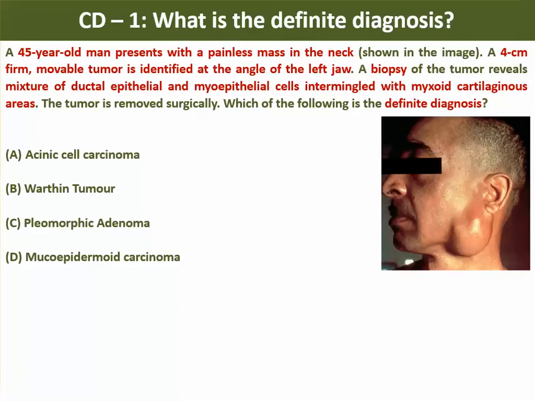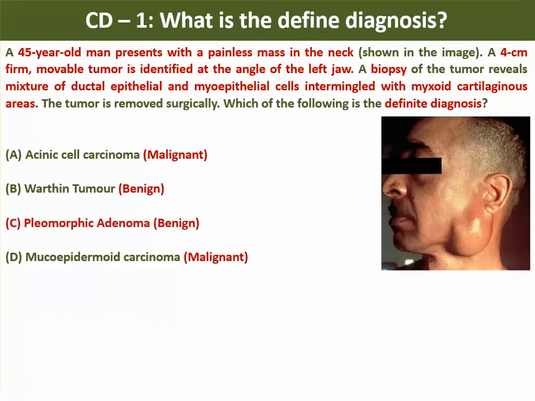So in those 4 choices, how you should think is, see, the first one is a malignant tumor, no need of thinking there. Then the second is the Warthin tumor, and the third is the pleomorphic adenoma. These both are benign tumors, and the last one is a malignant tumor. In the name itself it's there, it's a malignant tumor.